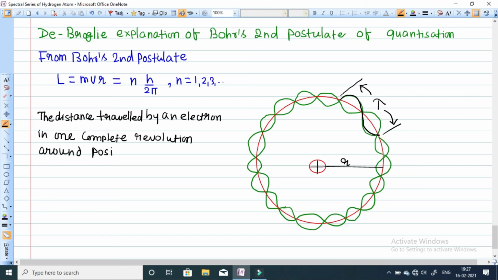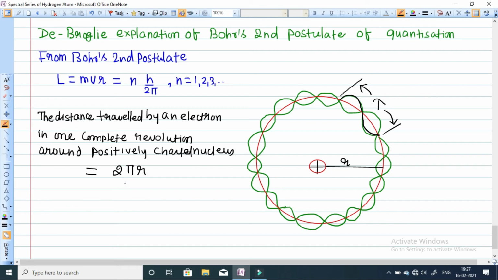It will be equal to the circumference, which is 2 pi into r.